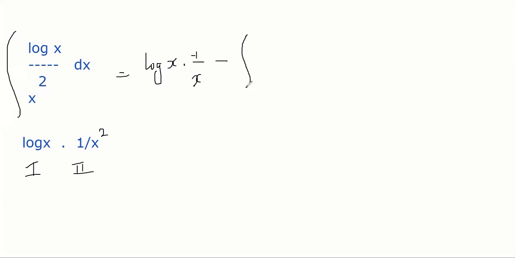Minus differentiation of first function, so 1 by x, into again the integration of second function, minus 1 by x, dx, correct? So it becomes minus log x by x. But log x is in the numerator, the way you wrote looks like x log x is the denominator.